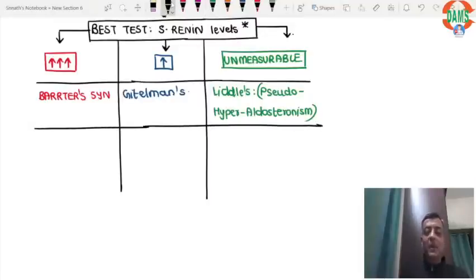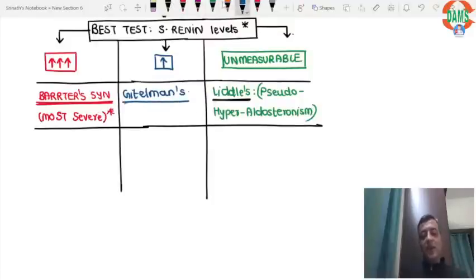Again MCQ, Liddle's syndrome, pseudohyperaldosteronism. So in the first column, Bartter's syndrome is the most severe among the three, followed by Gitelman's syndrome, which is a relatively milder defect.